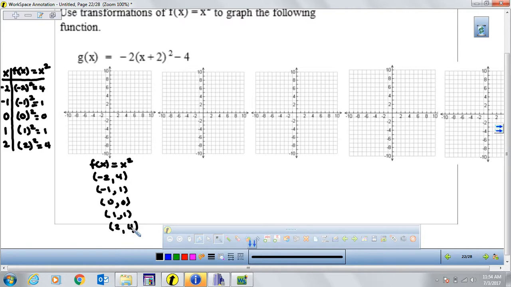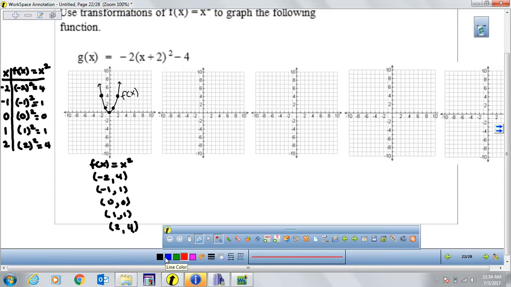So negative 2 comma 4 is up here, negative 1 comma 1, 0 comma 0, 1 comma 1, and 2 comma 4. So that would be my function f of x. Remember, f of x equals x squared creates the shape of a U.